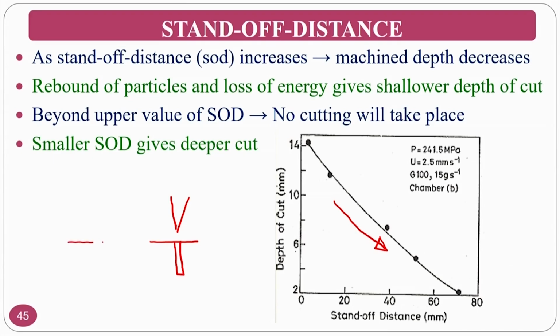If the distance is very high, the kinetic energy carried will be very less, so it may cut very less depth. So the kinetic energy plays a major role in terms of stand up distances. If the kinetic energy of the particle is very less as the stand up distance increases, the depth of cut achieved is very less.